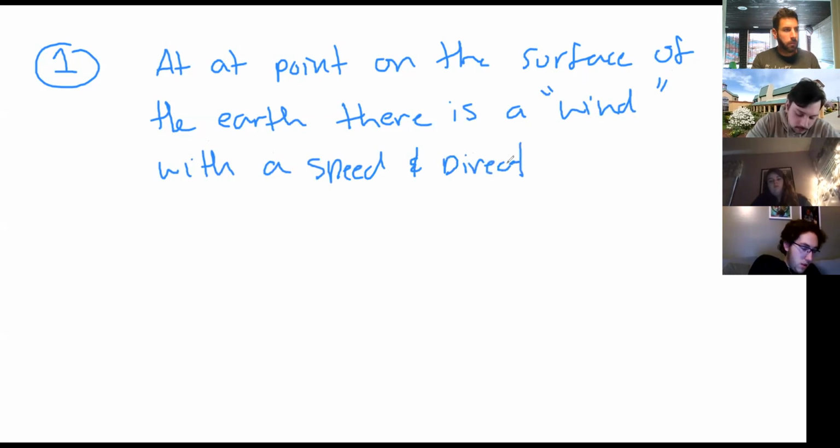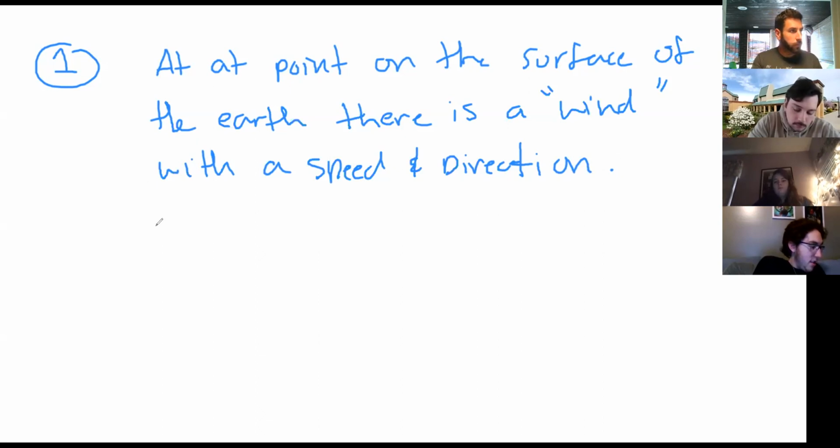What's this thing? I mean, you could go outside right now and you might say, well, it's not windy. And I would say, okay, then the speed is 0. But likely if you went outside at any given time, the wind is going to be blowing at a certain speed, and it's going to have a certain direction.